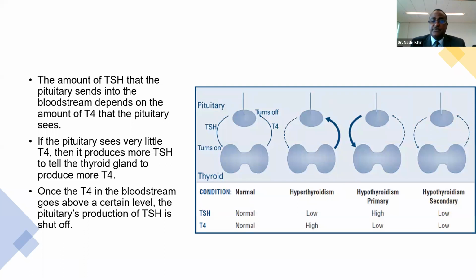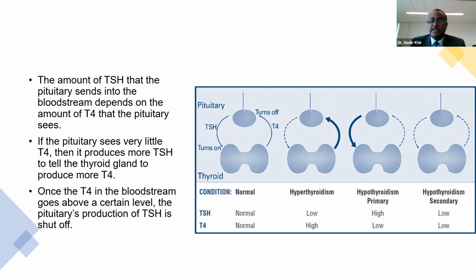And on your left-hand side, you see that it's a normal condition. The TSH value will be normal and the T4 will be normal. And most of the people will fall in that category. But if you look at the thyroid, and the most important thing here, the production of the thyroid, if you have too much T4 for any reason, the thyroid is producing it, the patient is taking it from outside, that will have a negative feedback mechanism on the pituitary, and the TSH will be low.